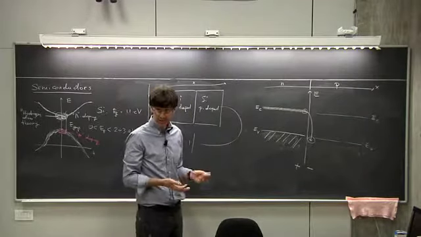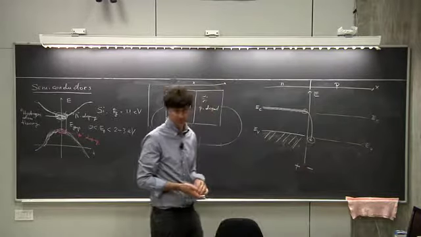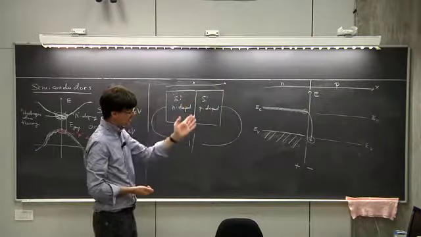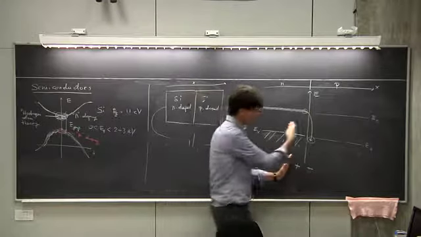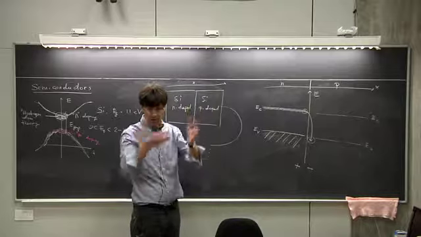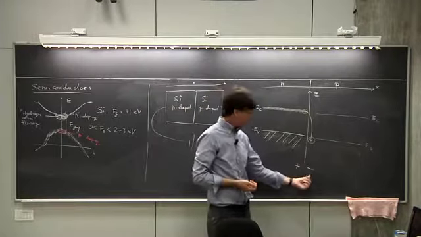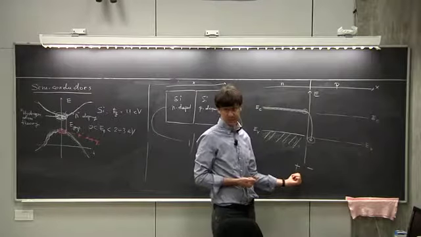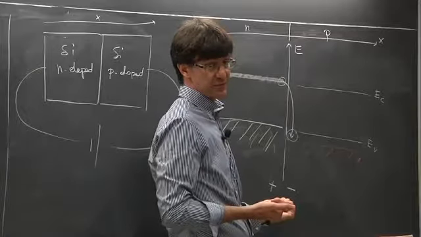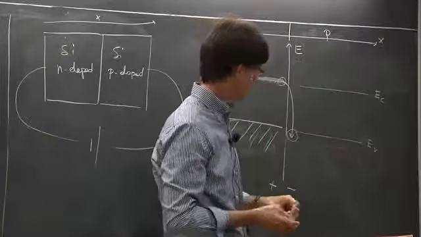Now, electrostatics. What does this charge distribution do to the electrons? If you have a layer of positive charge here and a layer of negative charge here, there will be a potential drop between them that favors electrons going to the left, because they want to go to the positive side of the dipole layer.